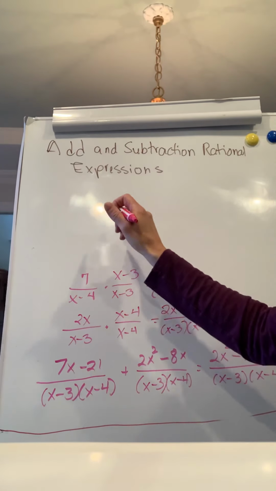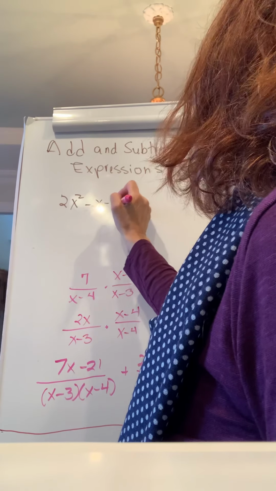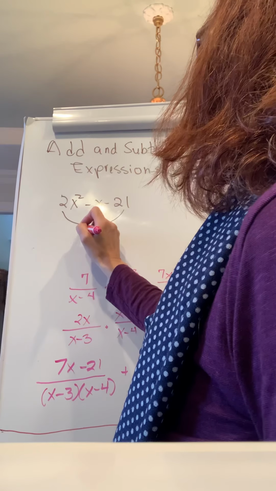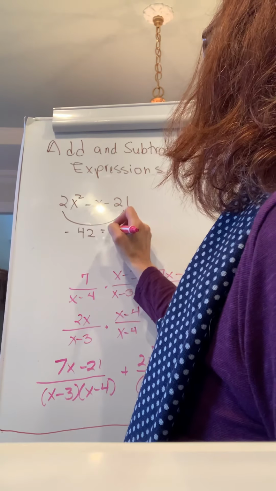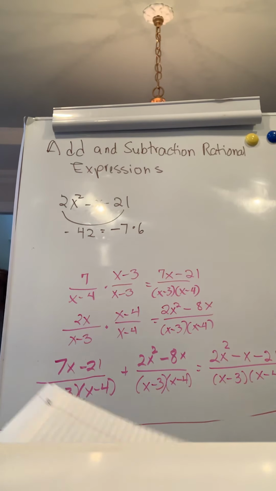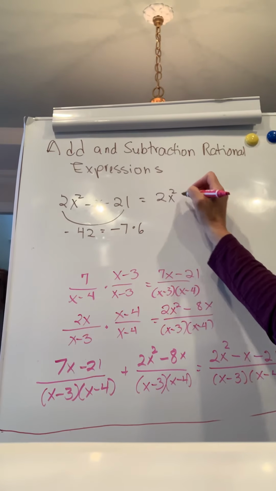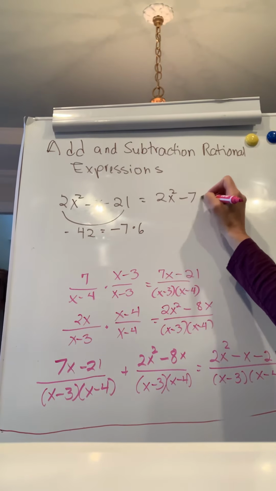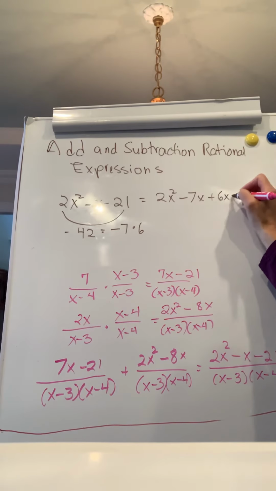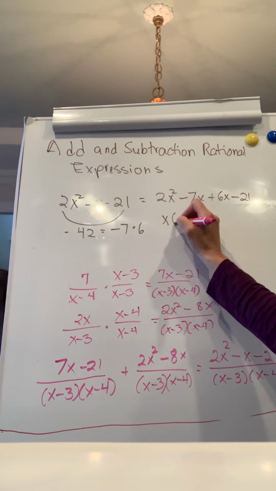So I'm going to go back up here so you can see how I would factor this. So this comes out to be negative 42. So if I do negative 7 times 6, and add them, I get negative 1. So I have to rewrite this as negative 7x plus 6x minus 21. Here I can only pull out a common factor of an x.